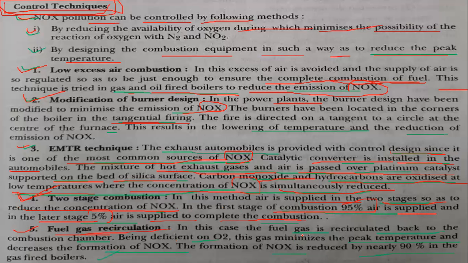In this case, flue gas is recirculated back to the combustion chamber, which is deficient in oxygen. This gas minimizes the peak temperature and decreases the formation of nitrogen oxide. What happens? The gas which we are recirculating is already deficient in oxygen, so that helps to minimize the peak temperature, and that minimization of temperature helps us to reduce the formation of nitrogen oxide.